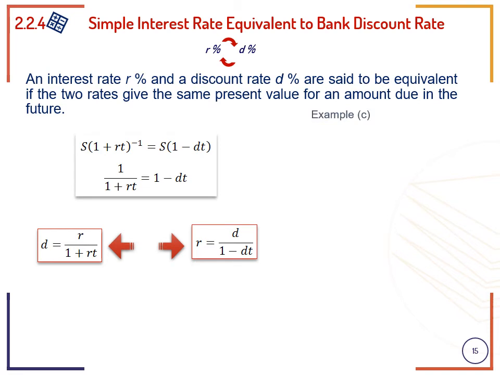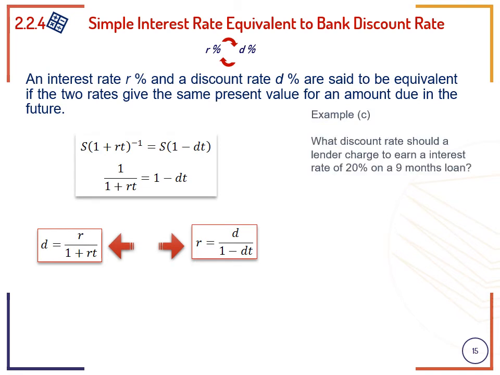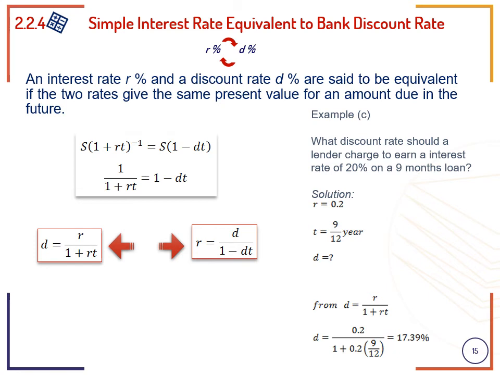Consider this example, example C. What discount rate should a lender charge to earn an interest rate of 20% on a 9 months loan? Solution. Given interest rate R is equal to 20% or 0.2, and T is equal to 9 over 12. Find the equivalent discount rate.